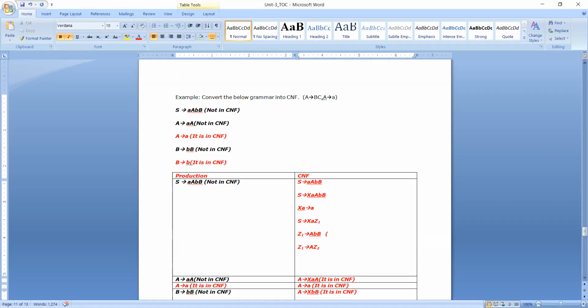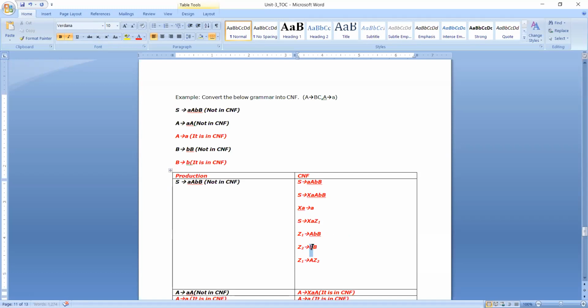Here Z2 derives to small b capital B. But the problem is, when you look into the Z2 production, again we have a terminal followed by a variable, but what we want is a variable followed by a variable. So we are going to introduce a new variable called xb, where xb derives to b.